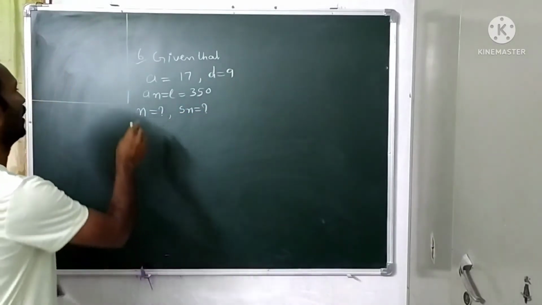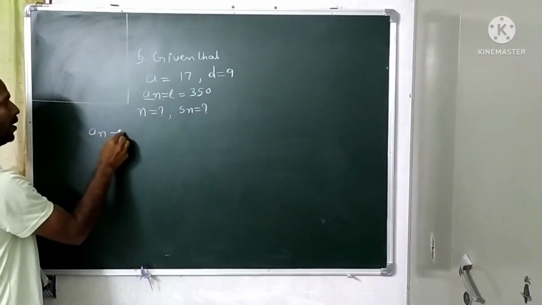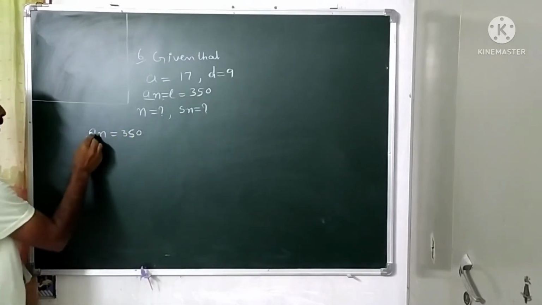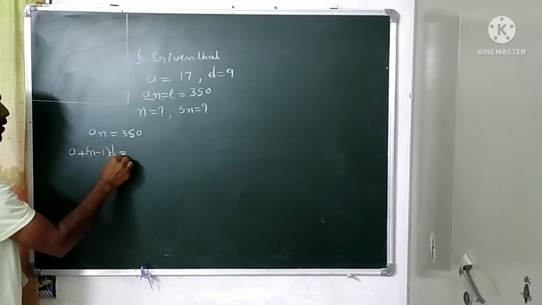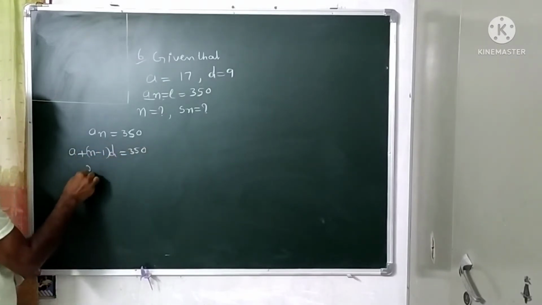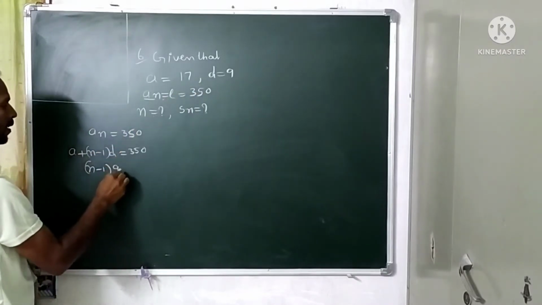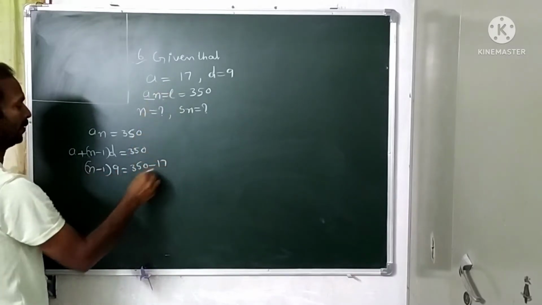So an means what? an is equal to 350. an, a plus n minus 1 into d equals 350. n minus 1 into d value 9 equals 350 minus a value 17.